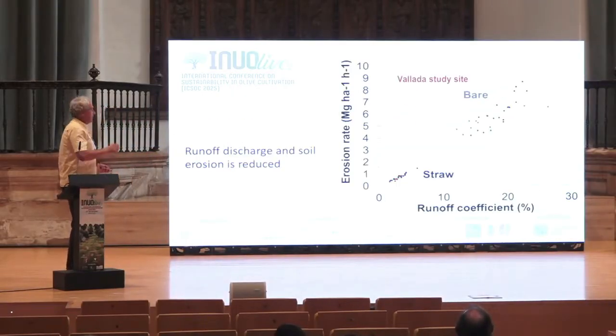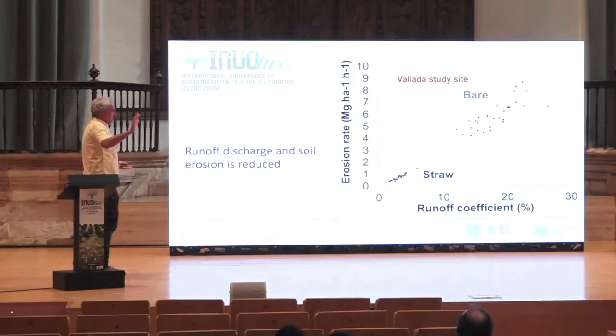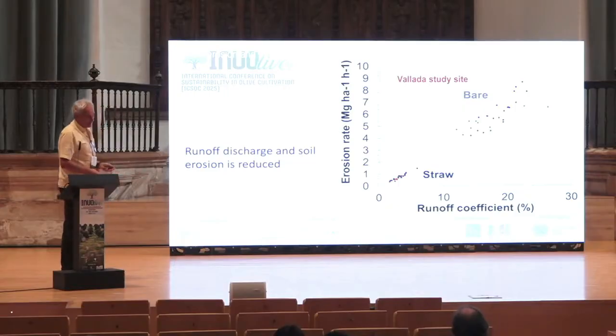And this is because the straw collects some of the rainfall and also avoids the impact of the drops, which is very important. The impact of the drops on the soil is the beginning of soil erosion. The detachment creates a lot of available sediment. This was studied very well by American scientists after the Dust Bowl in the 30s and 40s.